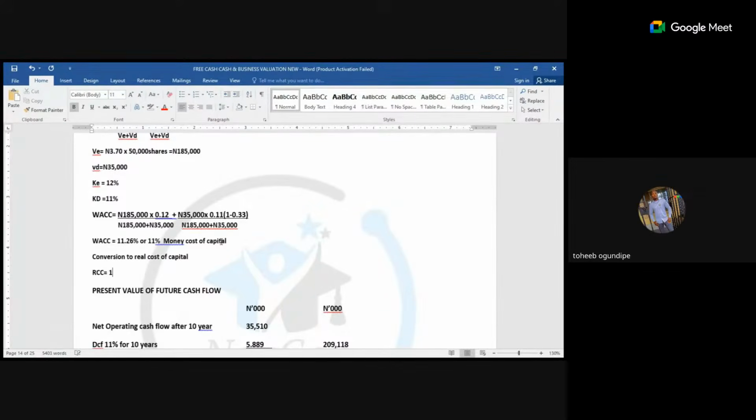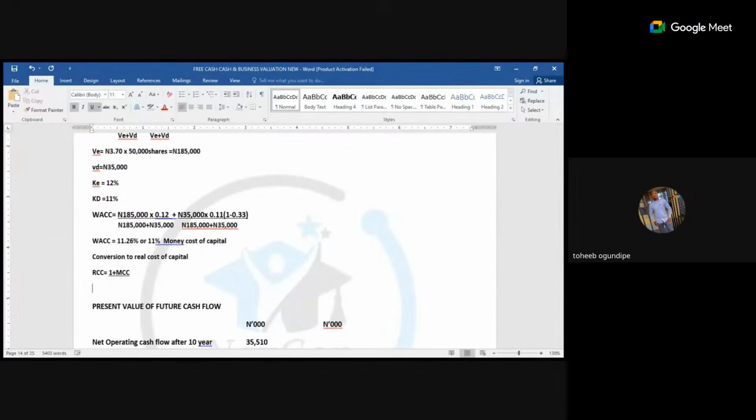That is 1 plus MCC, divided by 1 plus i, minus 1.